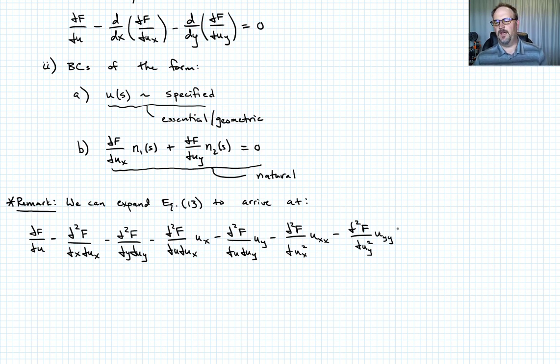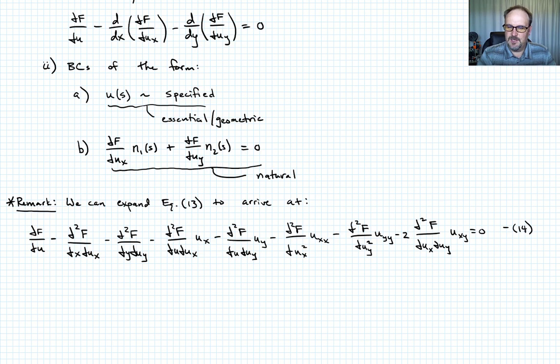Then both x and y yield the same quantity, so those combine and we end up with a factor of 2 times partial squared f with respect to ux and uy, multiplied by uxy, and that whole thing equals 0. Call this equation 14. That's the expanded Euler-Lagrange equation for this case.